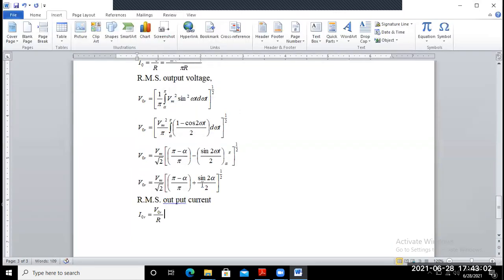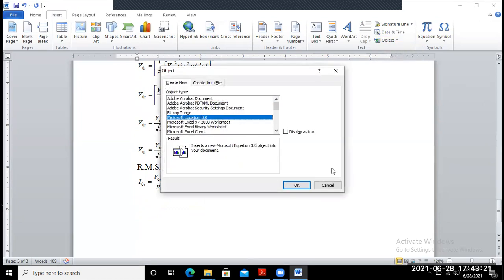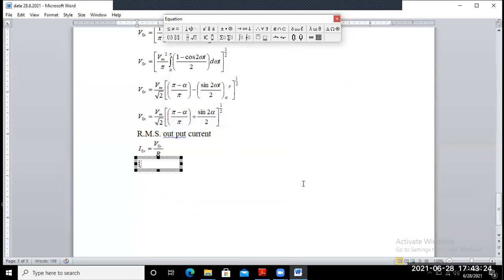So similarly, you can find out another parameter, that means form factor. Form factor is equal to V output RMS divided by average output voltage.